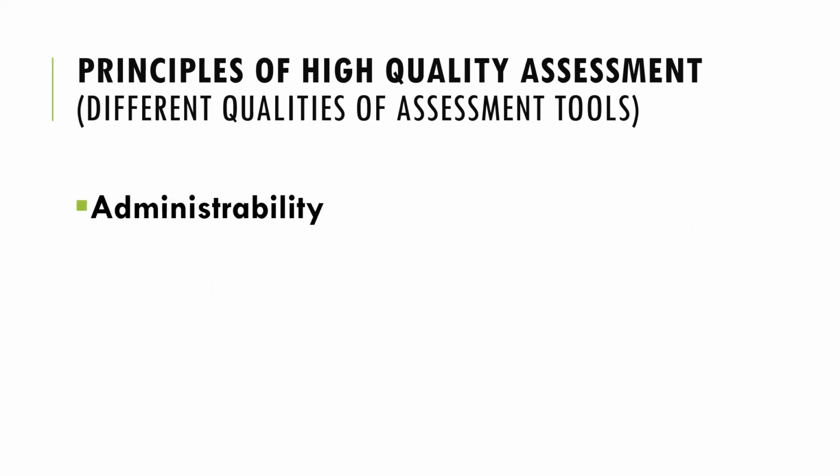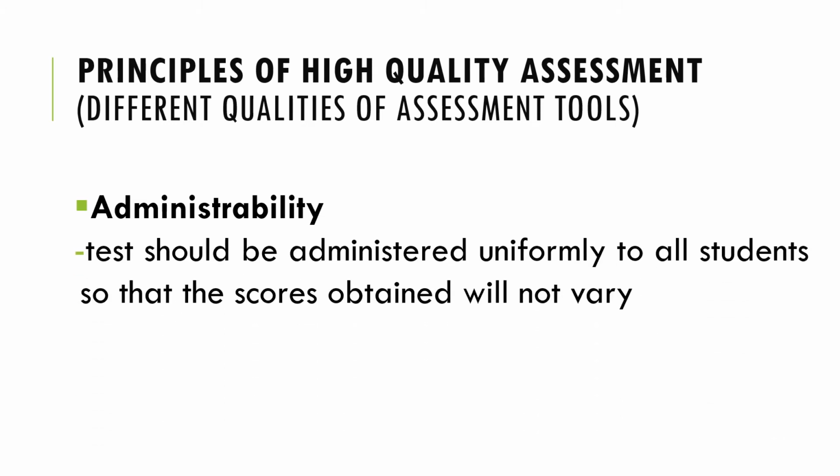Also, the second to the last is administrability. The test should be administered uniformly to all students so that the scores obtained will not vary. So this is now the problem of the teachers. There are really students who, every time they have their exam, have a lot of excuses. But technically, when you administer your exam, it should be administered uniformly.